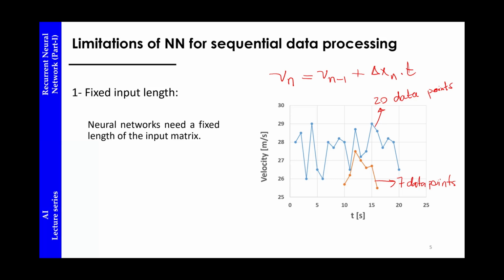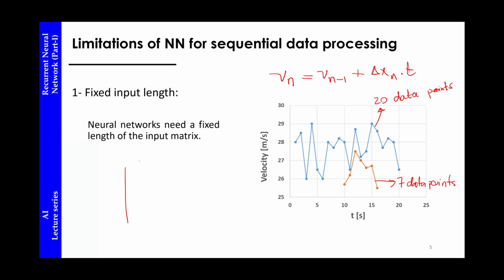And we want to introduce these two data sets to the neural network and get a prediction. Then we expect the model to predict the velocity, for example, at the next time step. If we do so, it means that we need a neural network that can make a prediction using the 20 values we have for the blue curve and also using the 7 values we have for the orange curve.